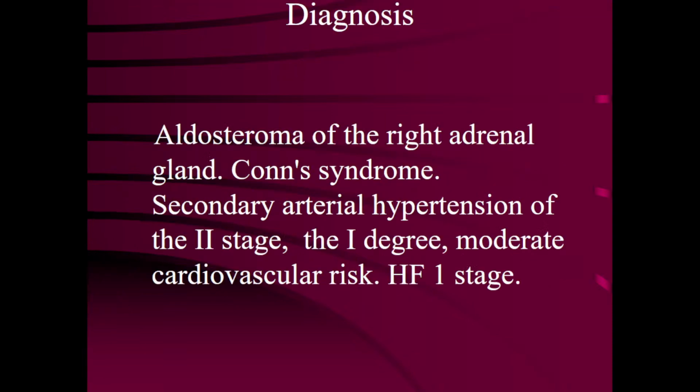And you can see a diagnosis of symptomatic arterial hypertension. You can see the example of the patient who has been suffering from aldosteroma, aldosterone-producing tumor of the right adrenal gland.